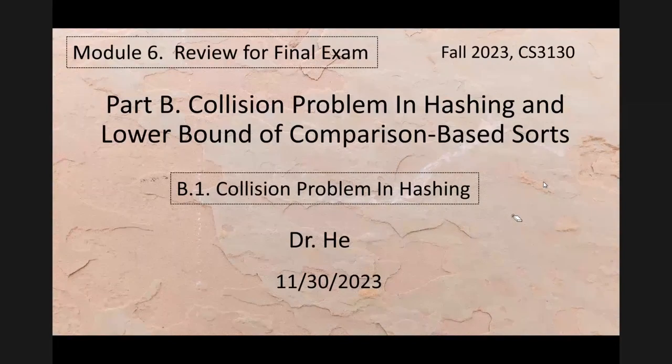That's perfect. But it's impossible. Nobody can do that. Then we need to deal with the collision problem, because we may map different keys to the same location in the hash table.